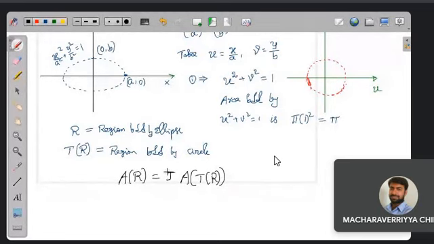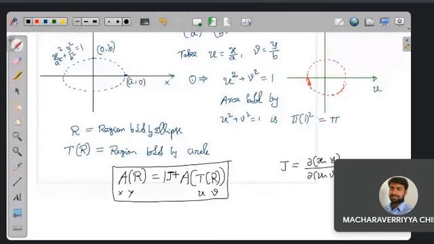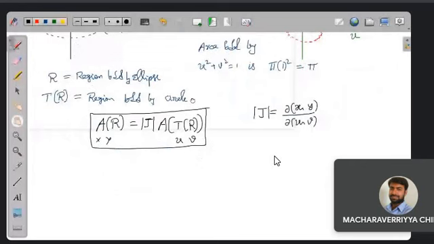And what is the Jacobian here? Since it is in xy coordinates and it is in uv coordinates, here I have to take the Jacobian of x comma y with respect to u comma v. So let me find what it is.